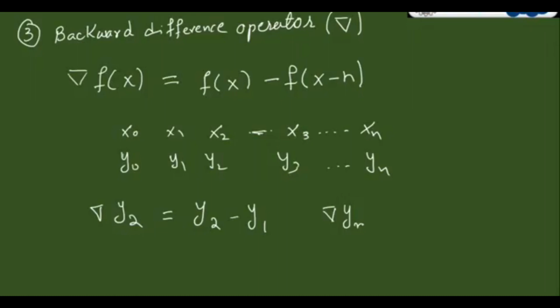One can clearly understand it is the second last value, yn minus 1 corresponding to xn minus 1. So I can apply this operator on the last value, but I cannot apply the backward difference operator on the first value, because there is no value existing beyond the first data point.